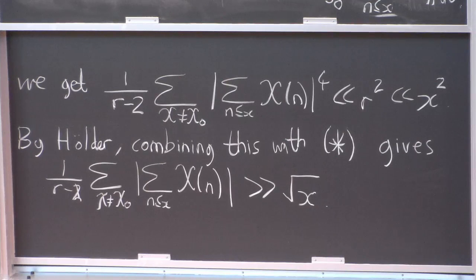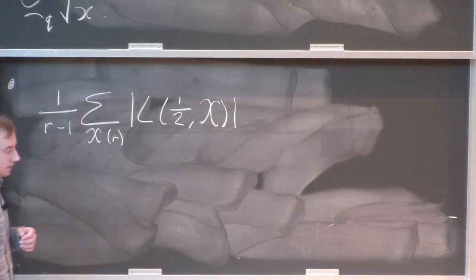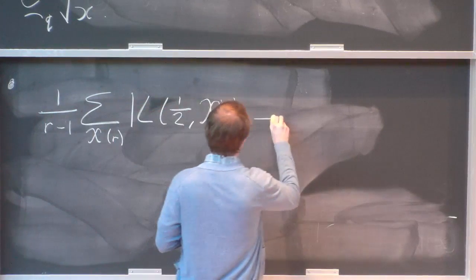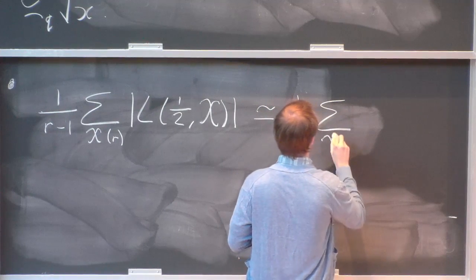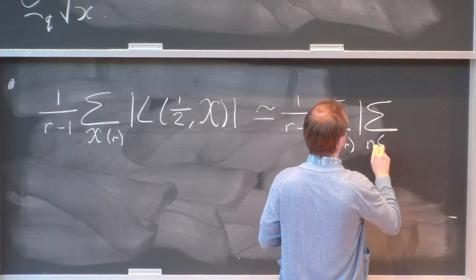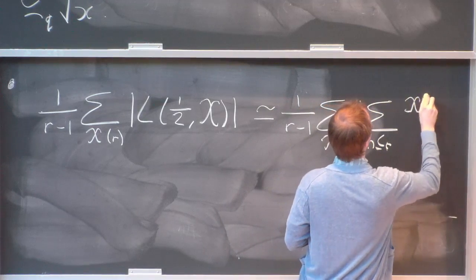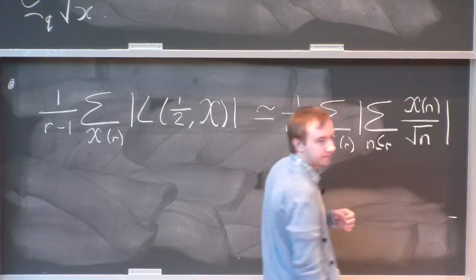So I can look at 1 over r minus 1, the sum over chi mod r, of L(1/2, chi) in absolute value, which roughly speaking is the same as 1 over r minus 1, the sum over chi mod r, of the sum over n up to about r, chi of n over square root n.